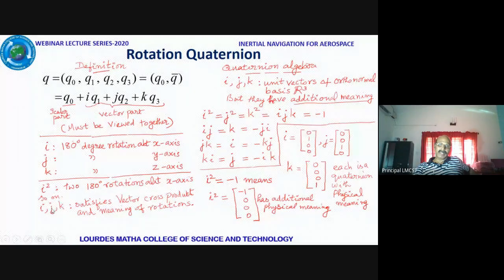While they have this meaning, along with that, additionally, it also has the meaning of rotation about the x-axis, rotation about the y-axis, rotation about the z-axis. Please remember, when I write this statement it is not fully right. I must say, I signifies a unit vector along the orthonormal x-axis, and it satisfies the ijk cross product.